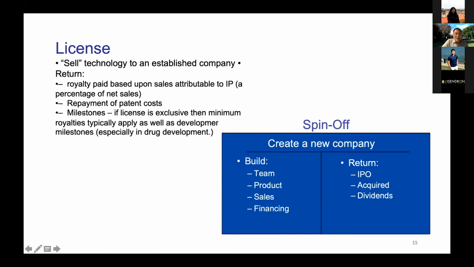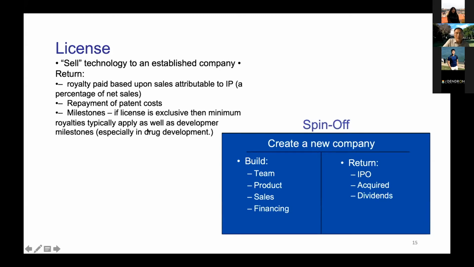It also could be milestones. If a license is exclusive, then minimum royalties typically apply, as well as milestones, especially in the drug development stage.